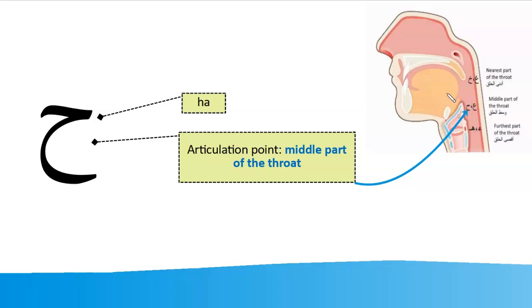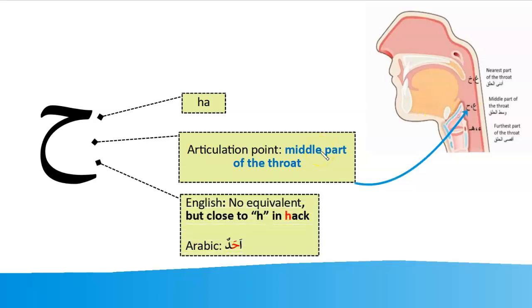Otherwise, it's going to come across like a different letter, which we are going to learn, inshallah. We don't have an exact equivalent in the English language, but we say, for example, hack. So you make the H a little bit sharper and stronger. And in Arabic, we say ahadun, which means one.